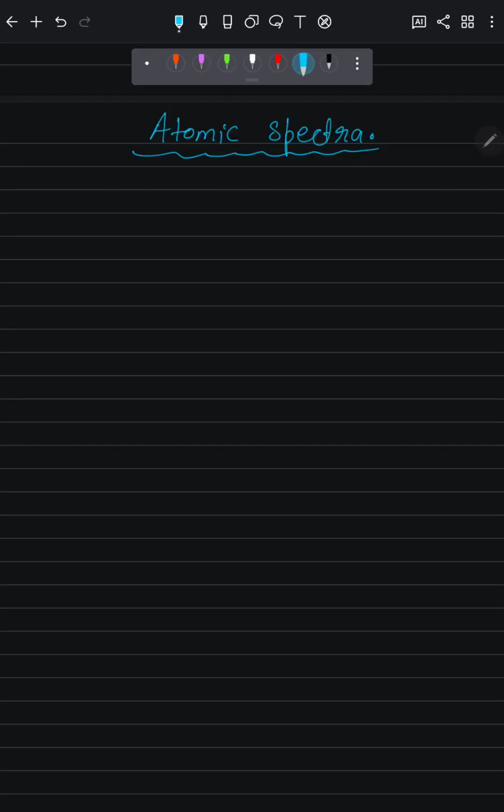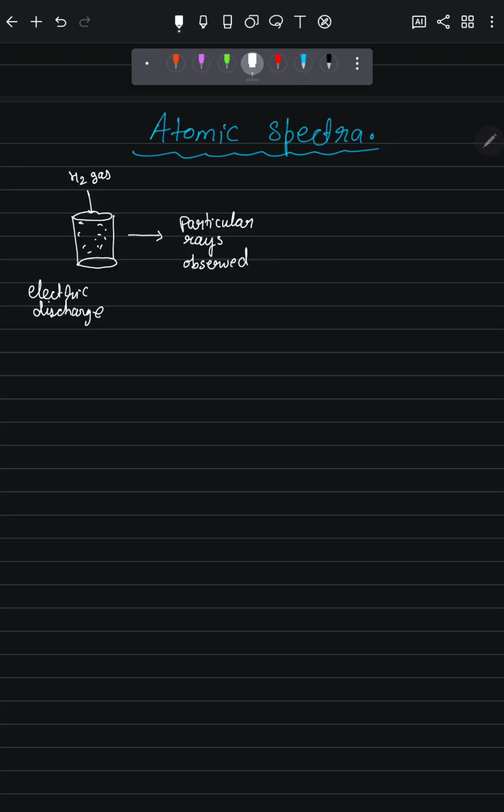Now let's get back to the next topic which we will be studying today, that is atomic spectra. Atomic spectra has been studied by the Niels Bohr experiment. You can explain this with the Niels Bohr experiment, and it is studied in hydrogen-like species, just like Li2+, Be3+.